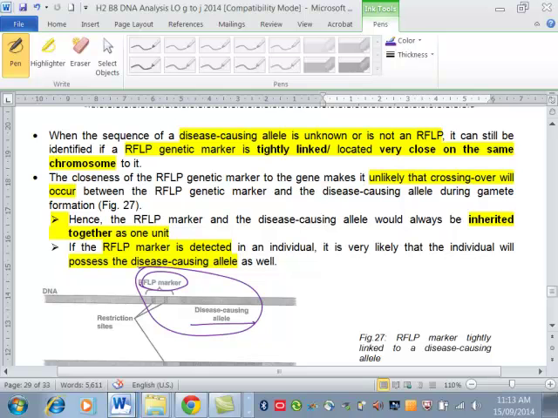Okay, so therefore, if the RFLP marker is detected, that means the individual has the disease-causing allele. Everyone follow? And another thing for you to take note is this case of the RFLP being very tightly linked is very useful when the disease allele is unknown. We don't know what is the disease allele, but we know it is very tightly linked to this RFLP. You guys follow?